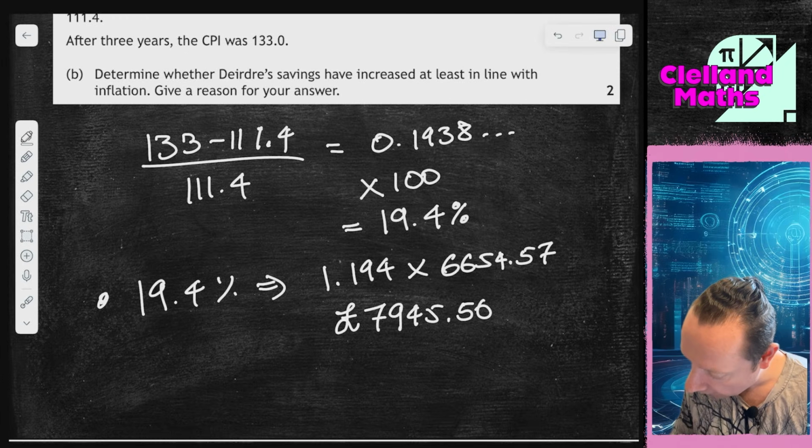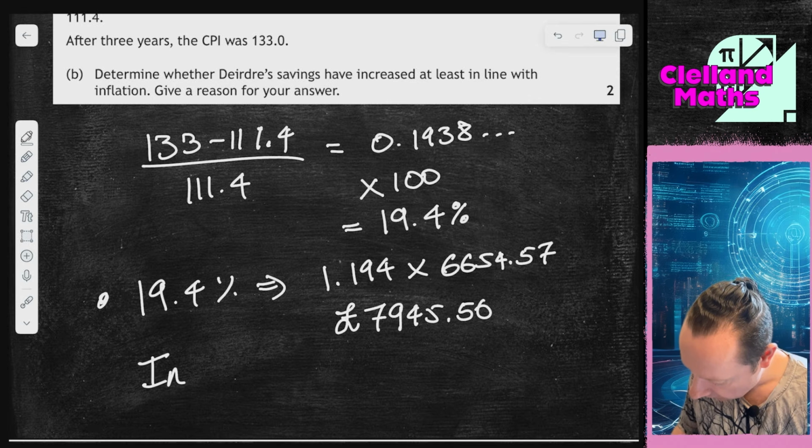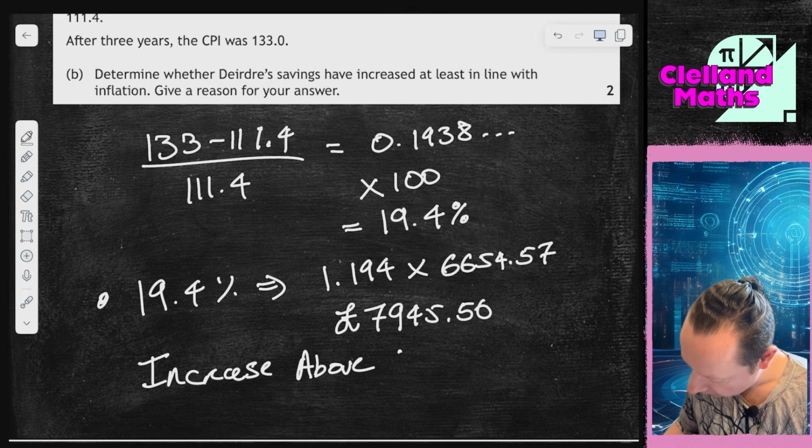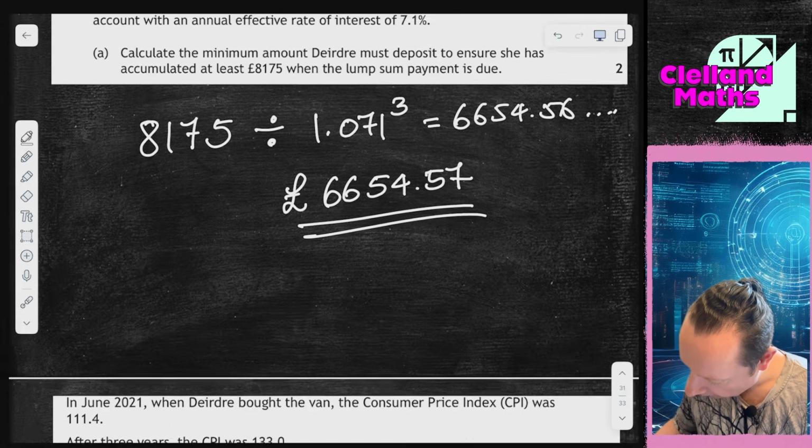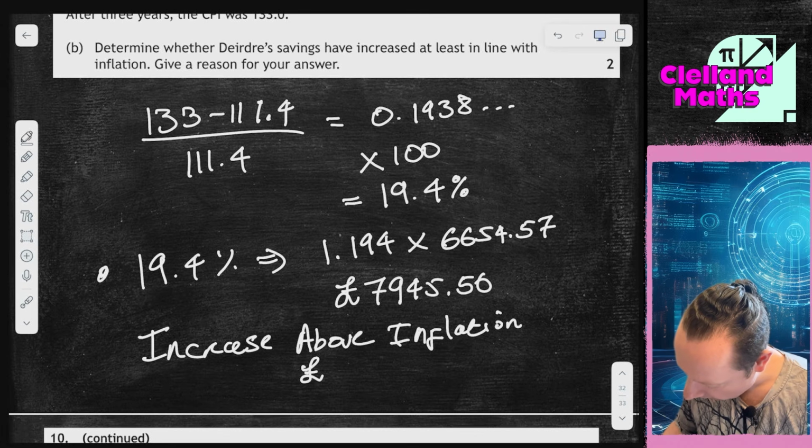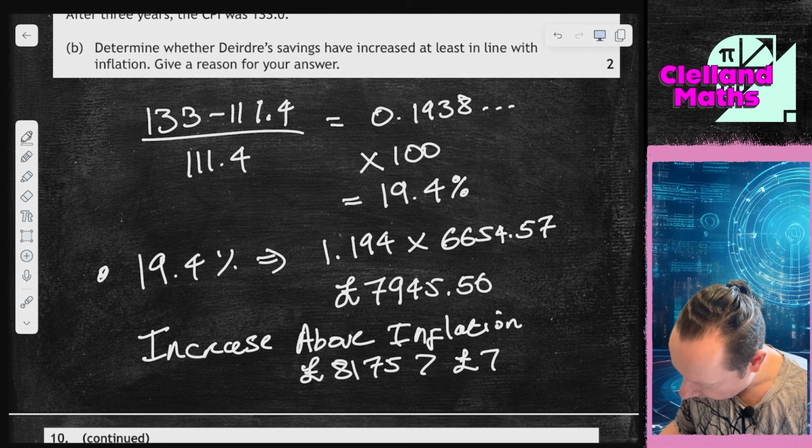So has Deirdre's savings increased in line with inflation? Increased above inflation. Because 8175 is greater than 7945.56.